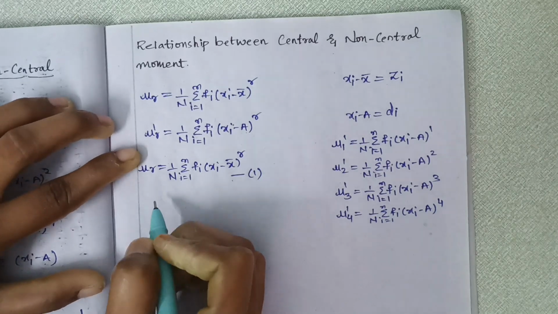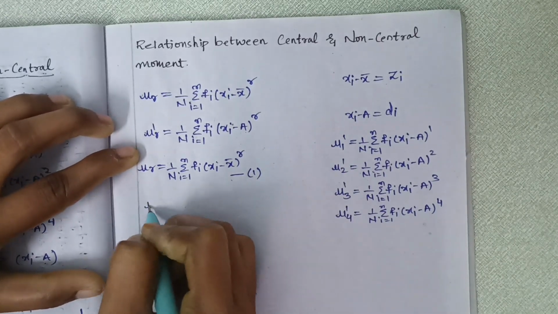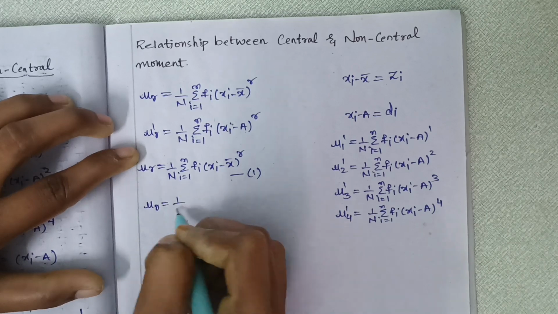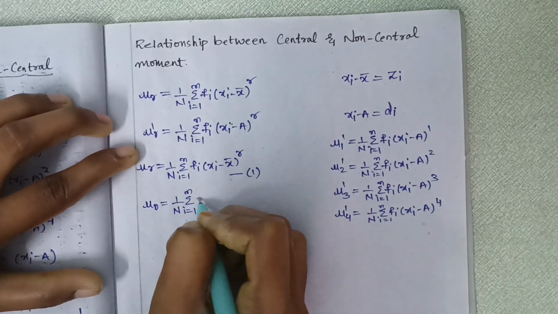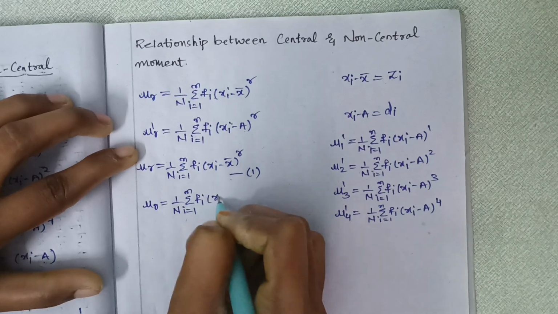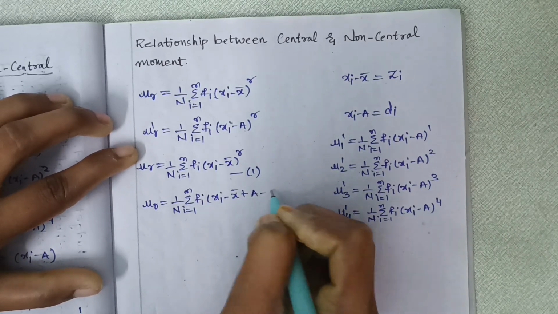Subtract the arbitrary point a to the equation 1. Therefore mu r is equal to 1 by n summation i equals 1 to n fi into (xi minus x bar plus a and minus a).